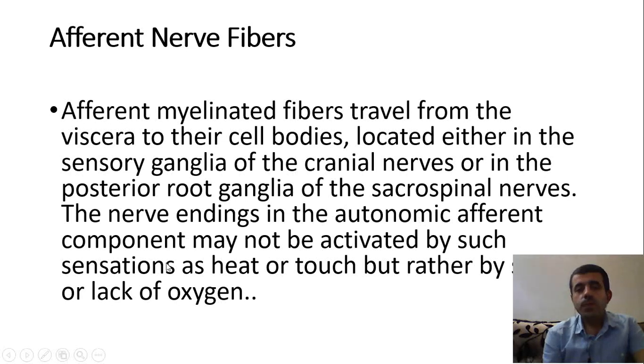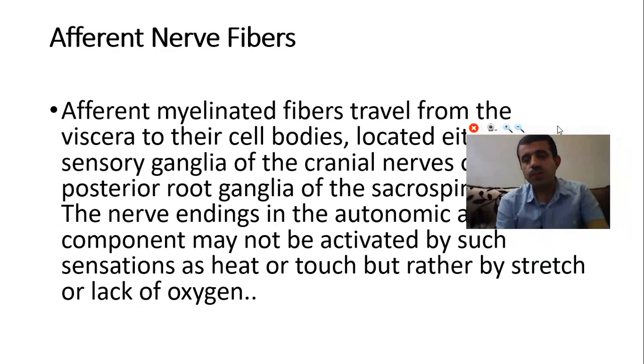Okay, and the nerve endings in the autonomic afferent component may not be activated by such sensations as heat or touch, but rather by stretching or lack of oxygen.